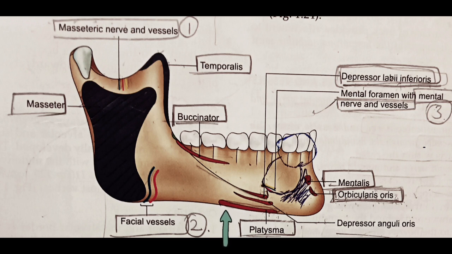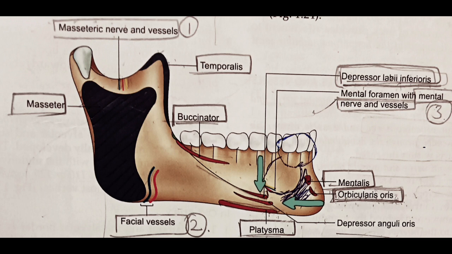In the next muscles, we will discuss the depressor anguli oris as well as the depressor labii inferioris. As we can see, there is a point called the mental foramen, through which the mental nerve and the vessels pass.